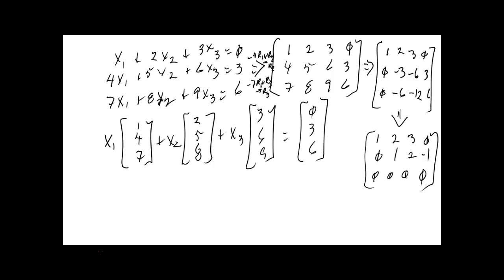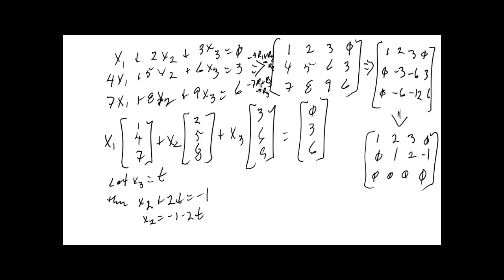So then you can say let x3 equal t, and then x1, well, let's do the x2. x2 plus 2t is equal to minus 1, so it'd be x2 is equal to minus 1 minus 2t.